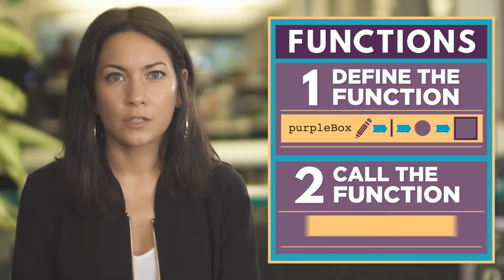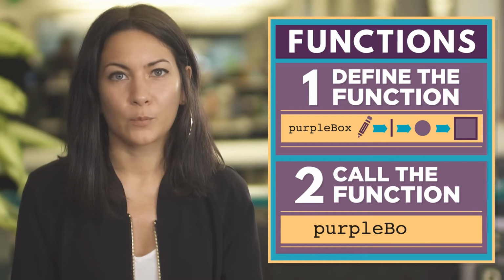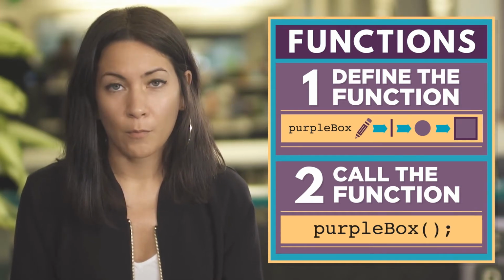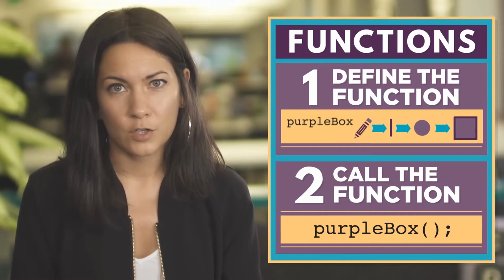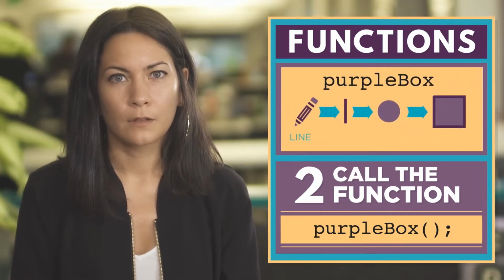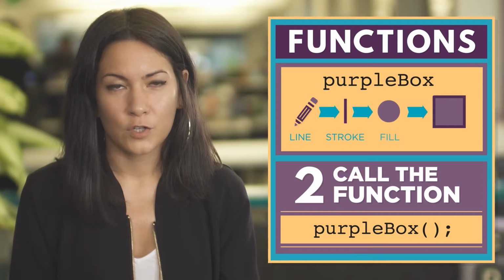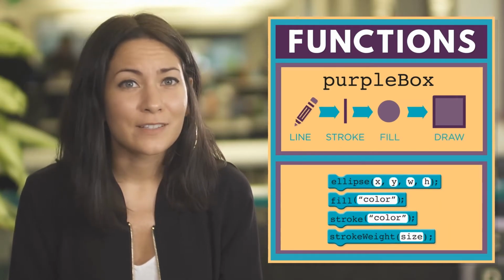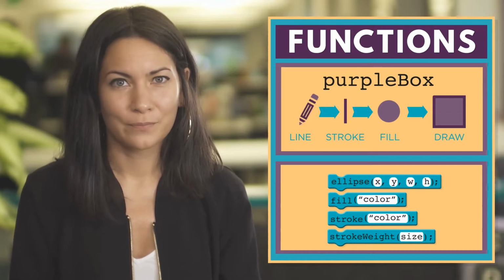To call a function, you just type the name of the function, followed by parentheses. This is telling the computer to perform or execute the set of actions you gave a name to. You've already been calling functions when you use commands that end with parentheses. The only difference is someone else defined them for you.